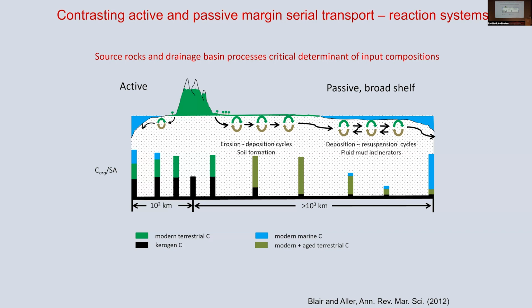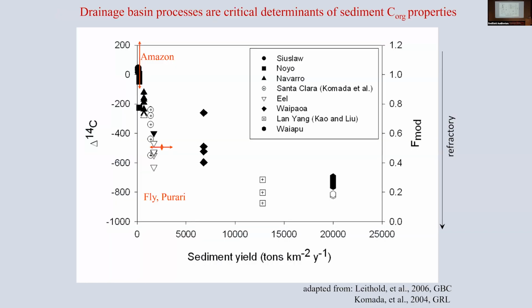Part of it has been replaced with newer material. It's still aged on the average relative to fresh plankton, but it's been replaced from what it was in terms of petrogenic carbon. So there's an inherent asymmetry between what enters the ocean depending on the drainage basin.